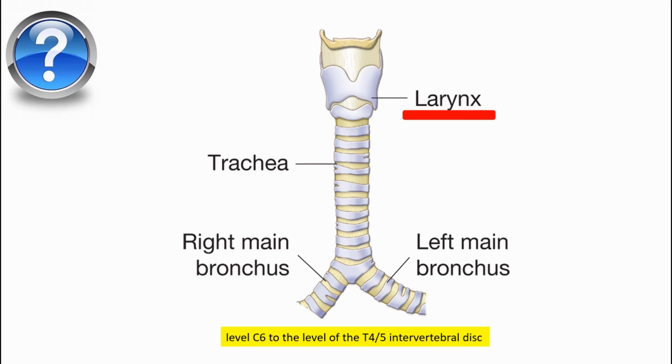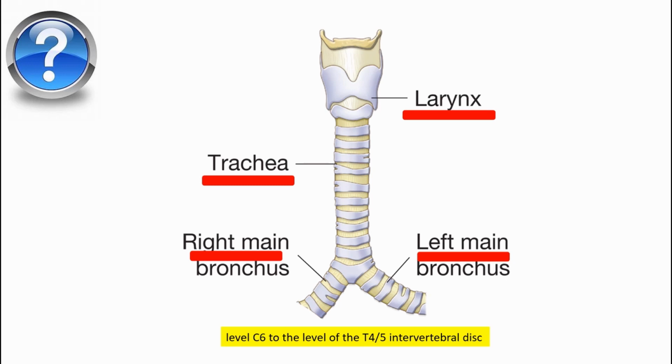Below it are the lower respiratory tract parts, and the first part of the lower respiratory system is the trachea. The trachea goes down to divide into the right main bronchus and the left main bronchus.